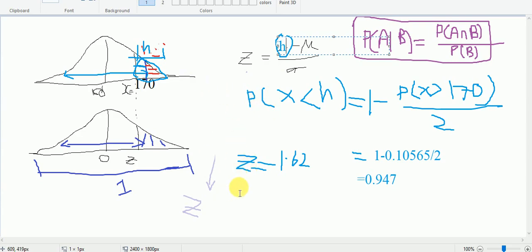From this formula I can write H is equal to Z into standard deviation plus 160, that is the mean.